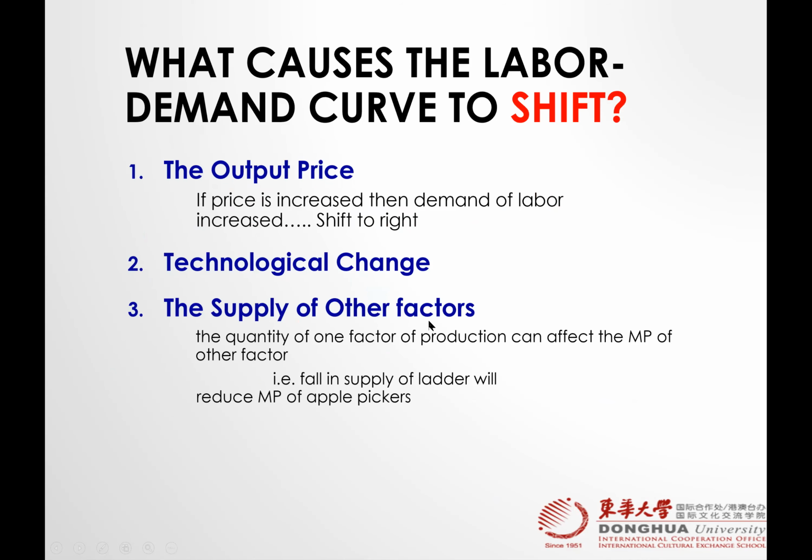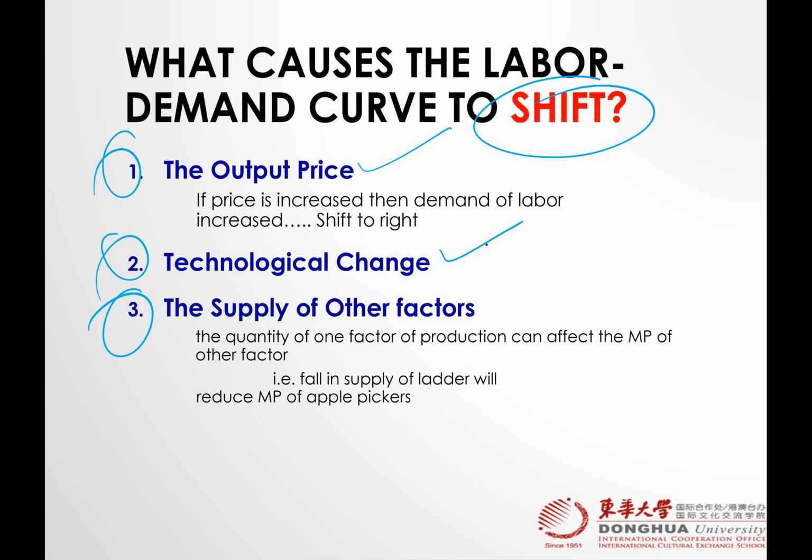Since the demand for factors of production is derived demand, the demand for labor is also a derived demand, and it shifts. Yes, it shifts due to 3 factors. Number 1, the output prices. Number 2, technological changes. Number 3, the supply of other factors.